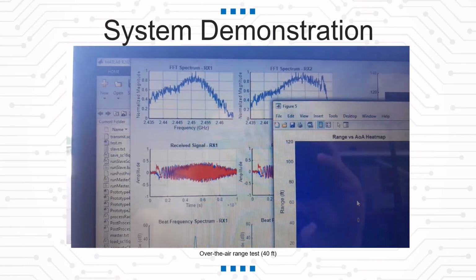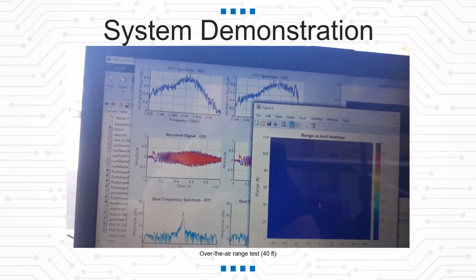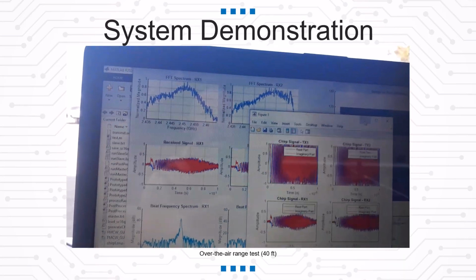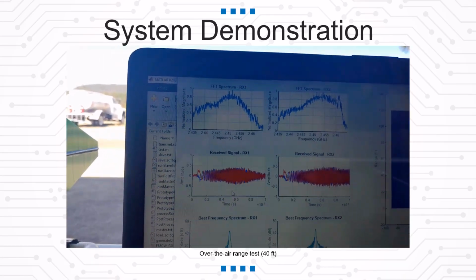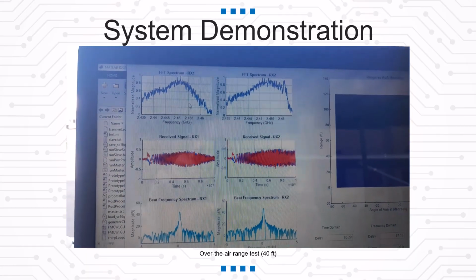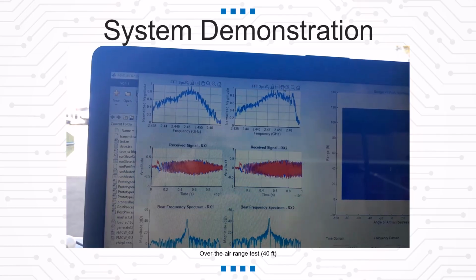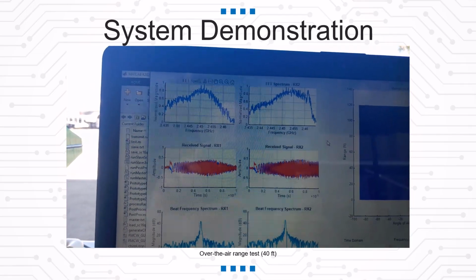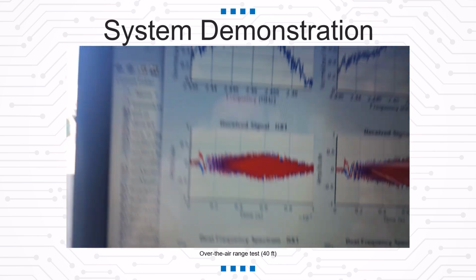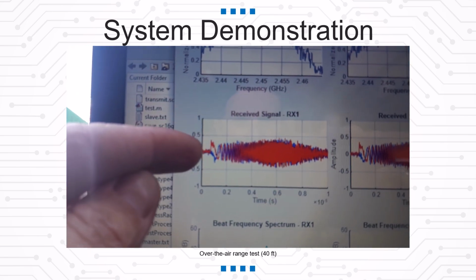So we can see the receive signal. We can see the receive signal for channel 1 is on the left column. The receive signal for channel 2 is on the right column. And it looks like there's some noise, but we can see this delay.